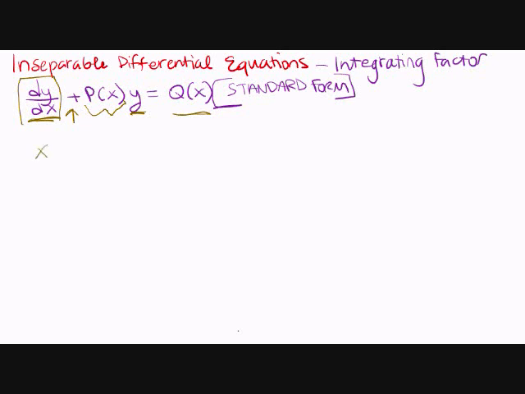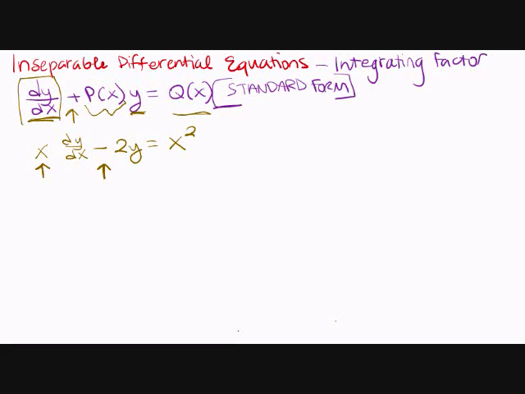So x dy/dx minus 2y equals x squared. What's the first thing that you see that's an issue? I see a couple of things: a minus sign, and that x in front of the dy/dx. There's not supposed to be anything in front of the dy/dx.